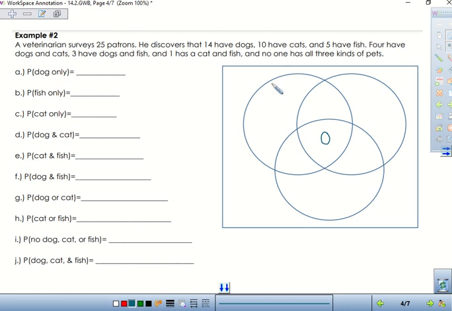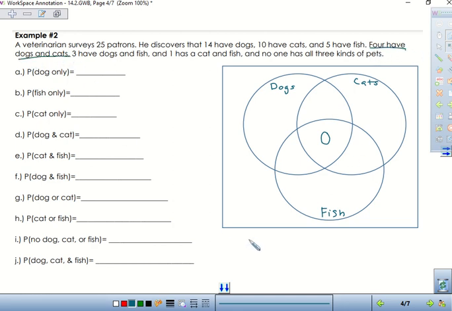Okay. Now let's say I make this dogs. I would make yours the same as mine because it's easier to follow along, of course. Cats and fish. Now here is going to go the people who have dogs and fish, dogs and cats, cats and fish. So the first one says, remember we're working inside out, so we've got to do these sections first. 4 have dogs and cats.